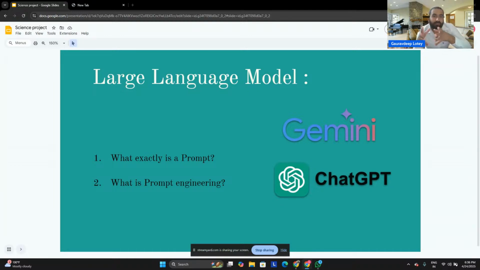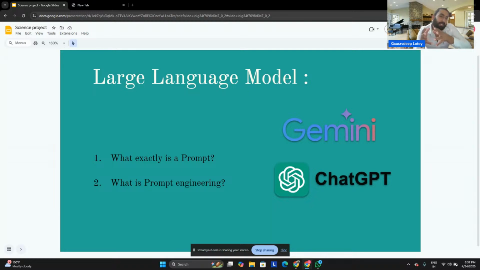So what exactly is a prompt? In essence, a prompt is a piece of text, a set of instructions that you provide to a large language model to trigger a specific reason or action to begin with. The prompt itself is nothing but your way of expressing through text.